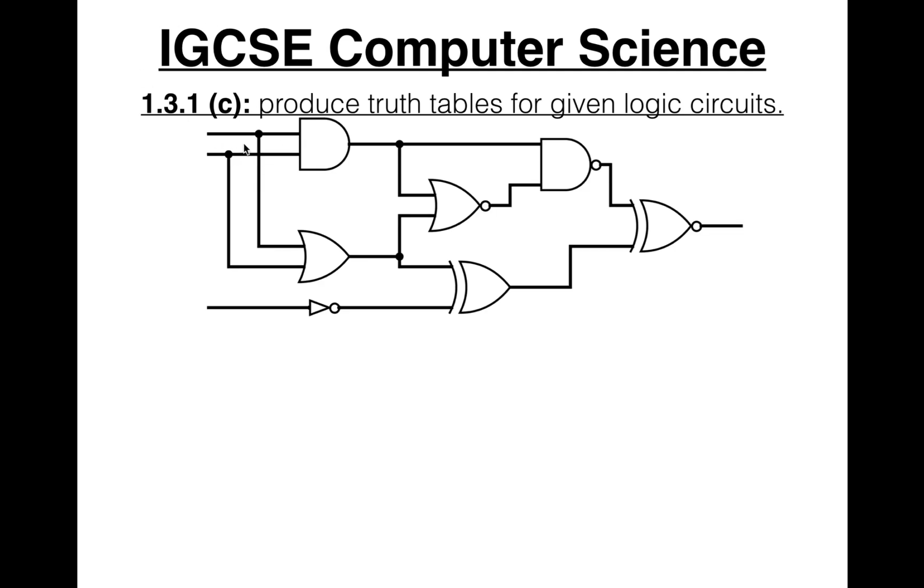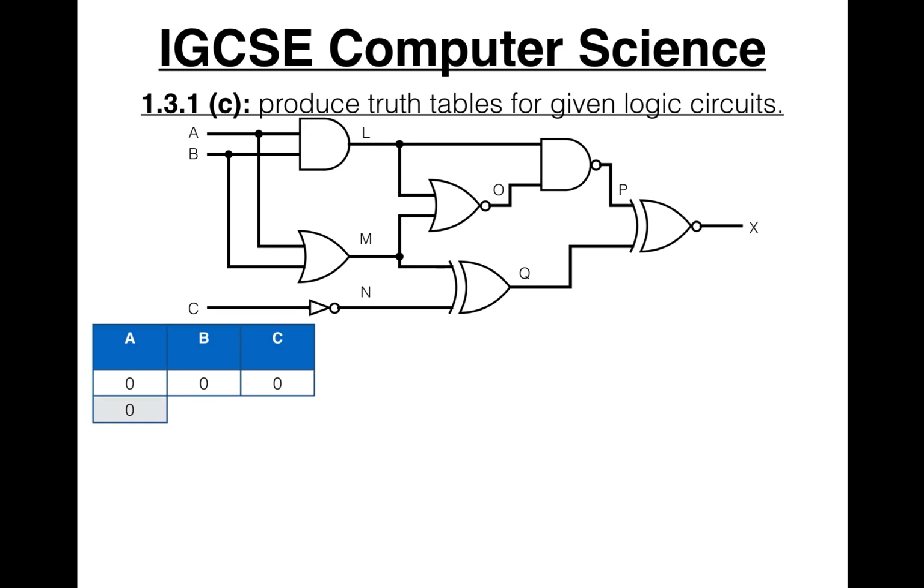Now we get to this bigger logic circuit, and this is the one, if you remember, that we made with all of the 7 gates that we learned about. So we have our inputs, our intermediate values, and our output. Let me just set this up first.